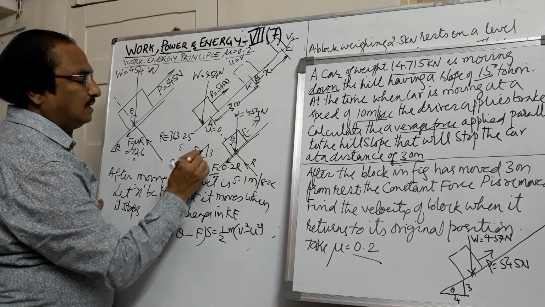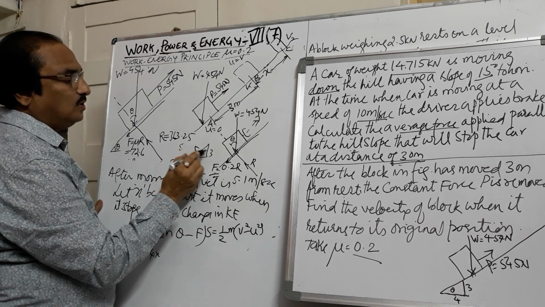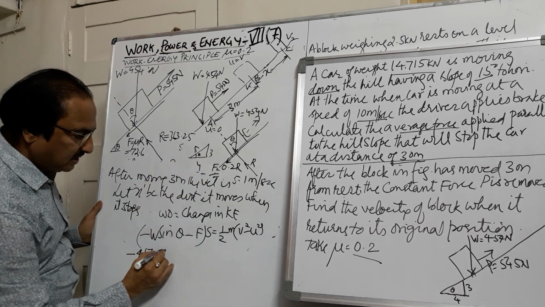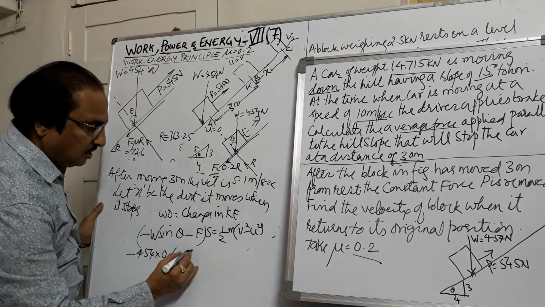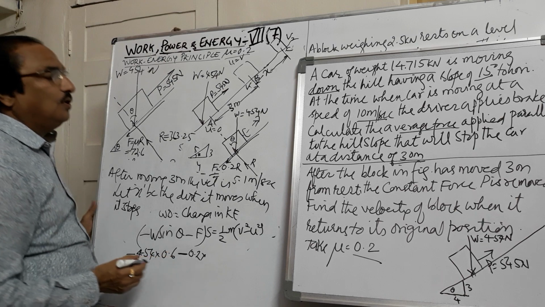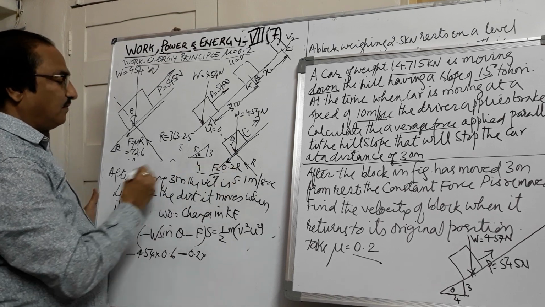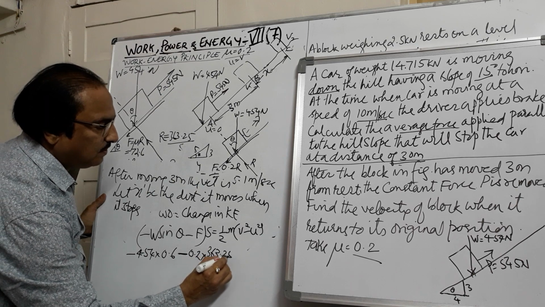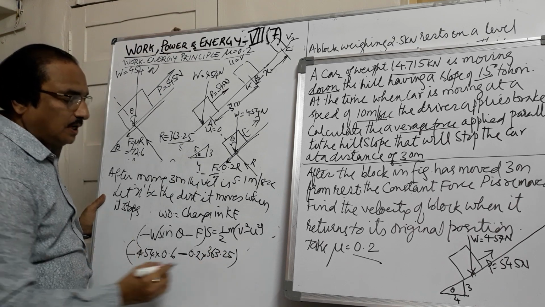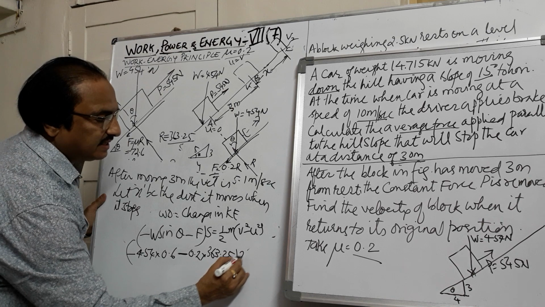So sin theta, sin is opposite by hypotenuse, 3 by 5 is 0.6, minus F is 0.2 into, we know the value of R. R value is here 363.25, into the distance it is traveling, x.